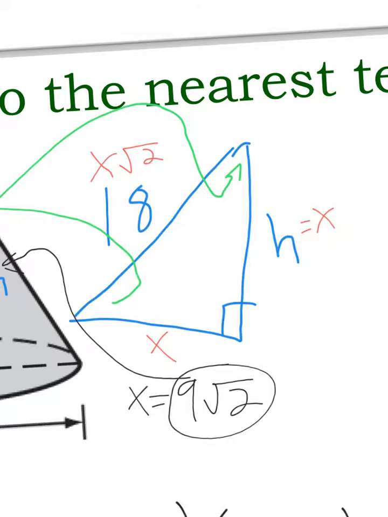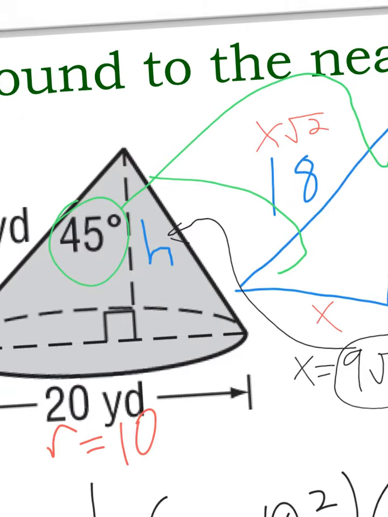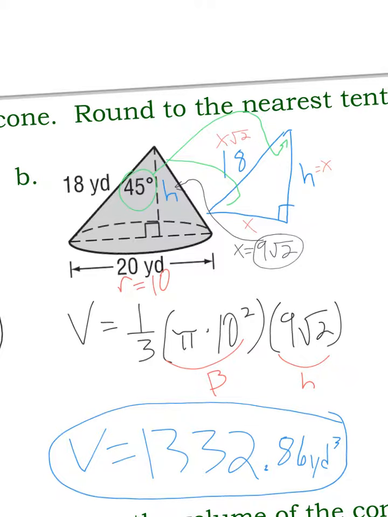Both of those, the bottom and the side, are 9 square root 2. That's half of 18 with the square root 2 next to it. So that's the height of the cone. Now I just plug that in, and I got my final answer of 1,332.86 cubic yards.